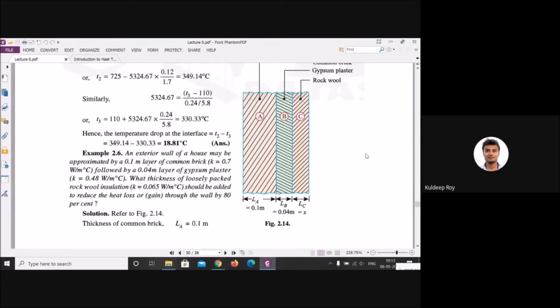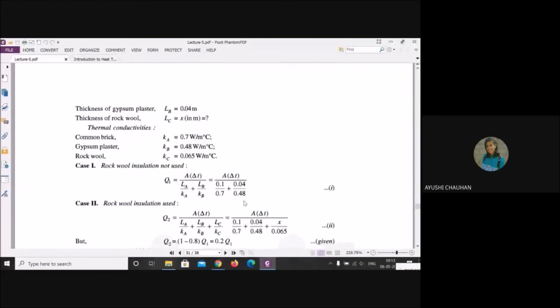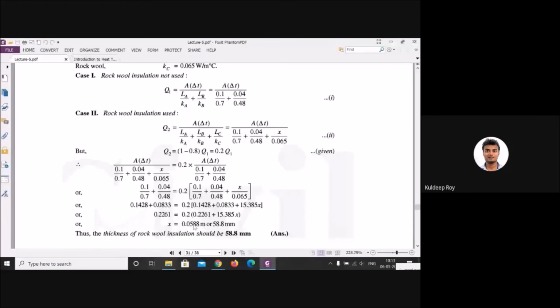Sir, tell. Thickness would be 4.1 centimeter. Maybe near about. I think it's okay. And anyone else who has solved this problem?